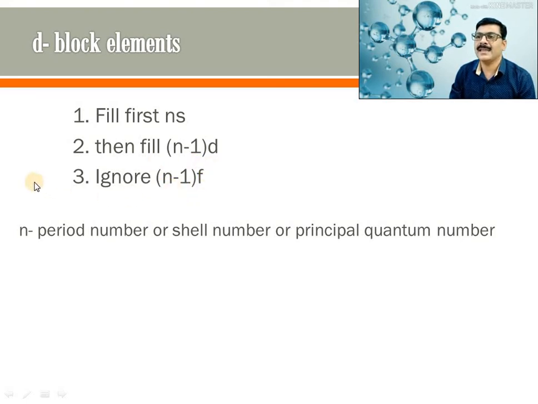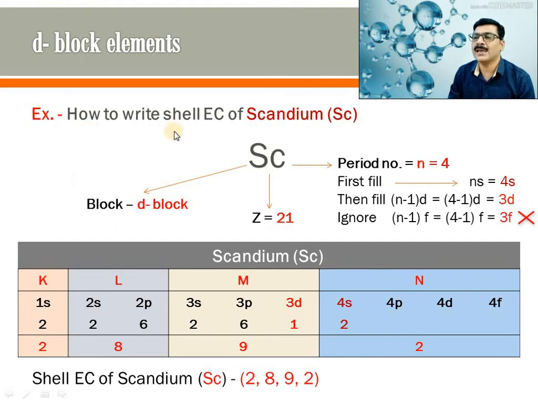Now let us see an example: how to write the electronic configuration of scandium. Scandium is a d block element, a 3d series element, and the atomic number of scandium is 21, and it is present in the 4th period. So the value of n is equal to 4. And for writing the shell electronic configuration of d block elements, you have to remember the 3 things.